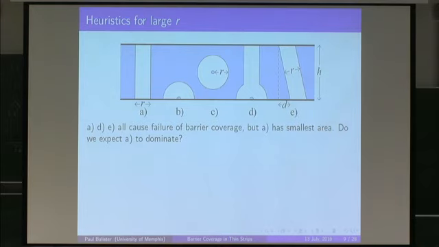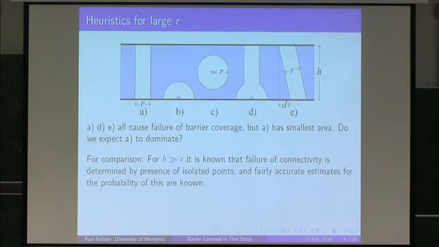Because the probability goes as e to the minus the area, that means that D and E are considerably less likely than A. But they could still happen. Okay. The problem here is that there are lots of different things that can happen.